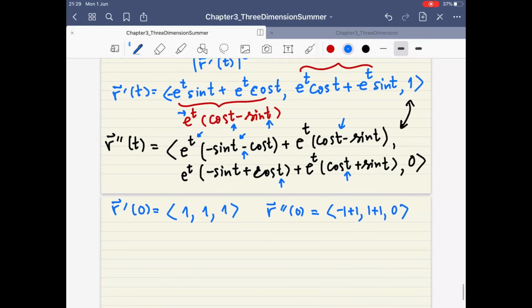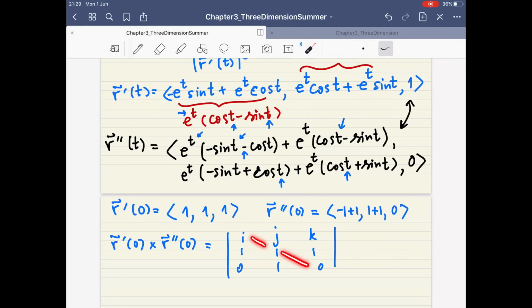So this means that what you really need to find is your r prime and r double prime at 0 crossing each other. So you have i j k, 1 1 1, 0 1 0. So it is pretty simple.